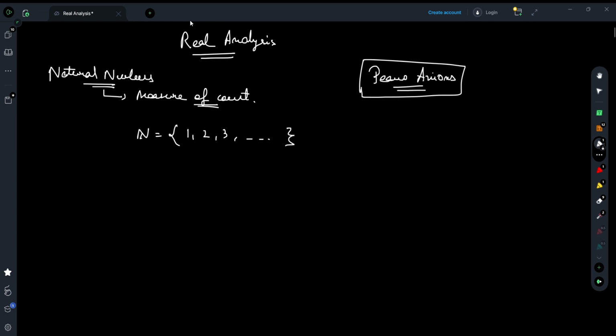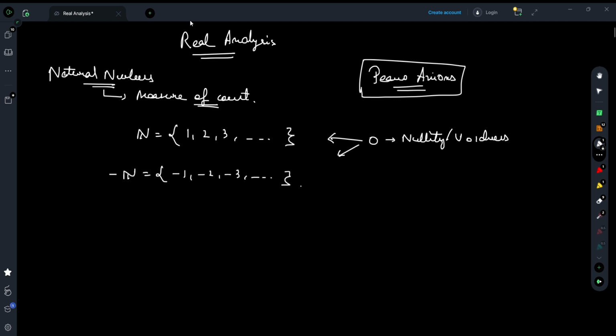So this is natural numbers, and then we go backwards and produce what are negative natural numbers. If this is the set of natural numbers, then we also have the set of negative natural numbers, which is -1, -2, -3, and so on. Now we add the number 0 to this set. 0 is the measure of nullity, the measure of voidness or emptiness, whatever you say.